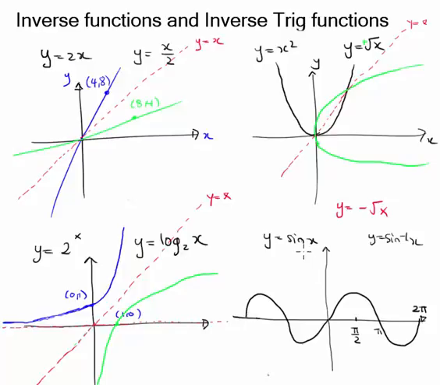Now how do we draw the inverse sine function? All you have to do is reflect this curve against the diagonal line, which is y equals x. So I'm going to reflect this one against y equals x, and it'll be like this, and it'll be going down to negative 1.